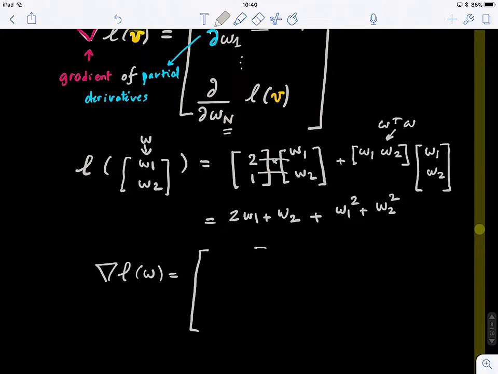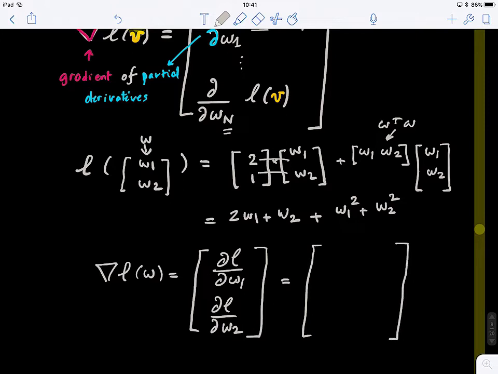So this is the gradient. So we have the gradient with respect to the first variable and the gradient with respect to the second direction, or second variable. And let's write it down. Okay, so the first one, when we are deriving with respect to W1, W2 is considered a constant.